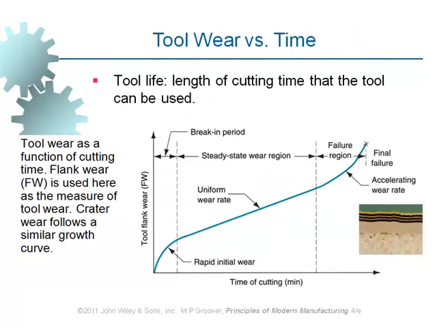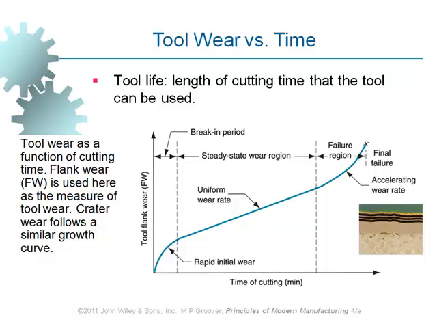Okay. And here in this curve we can see a representation of the tool life on the basis of flank wear and also the life of the cutting tool. As we can see here, it's divided into 3 regions.